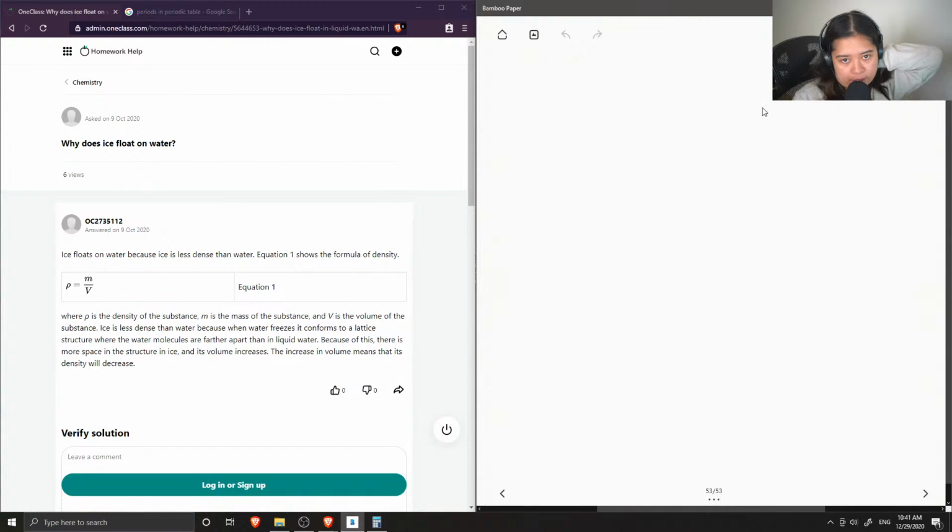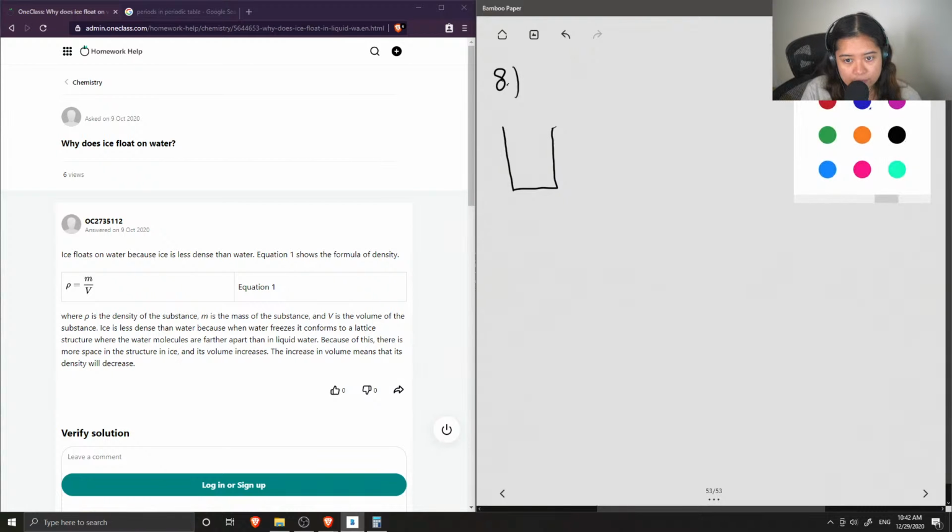Okay, so question number 8. Why does ice float on water? Yep, so this is a pretty common question. Let's draw out a diagram. This is a glass of water.